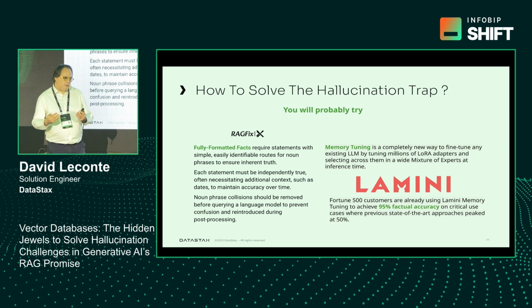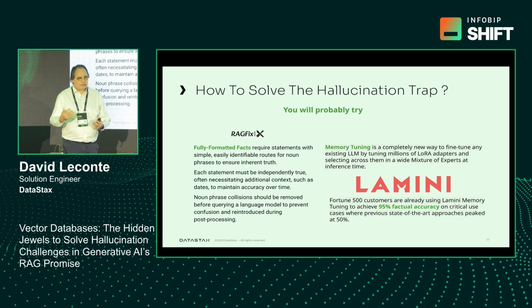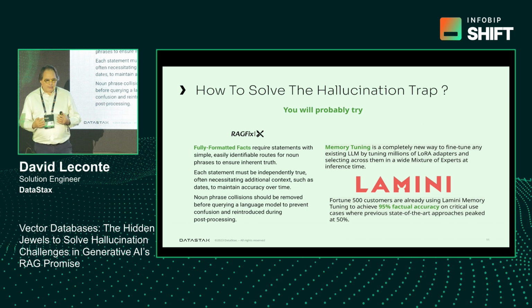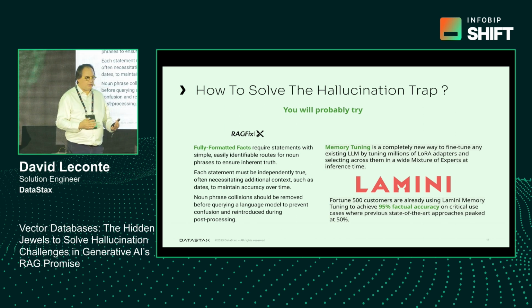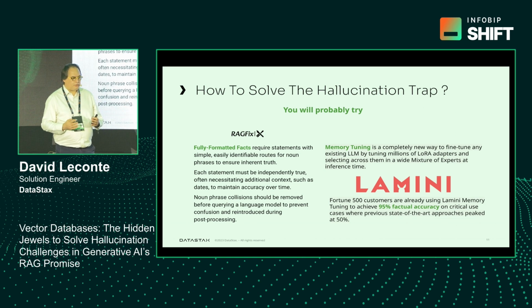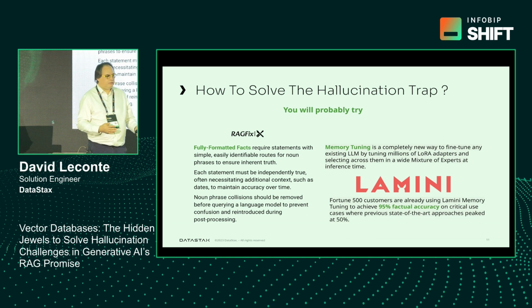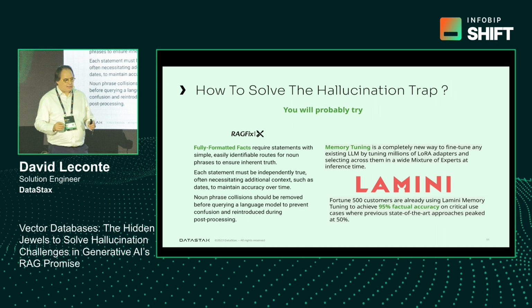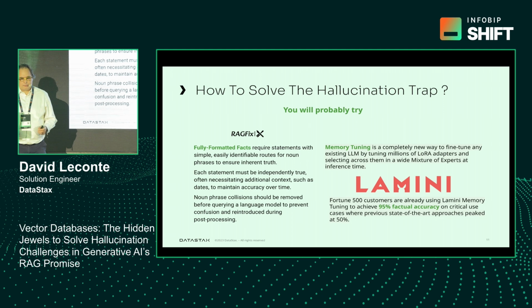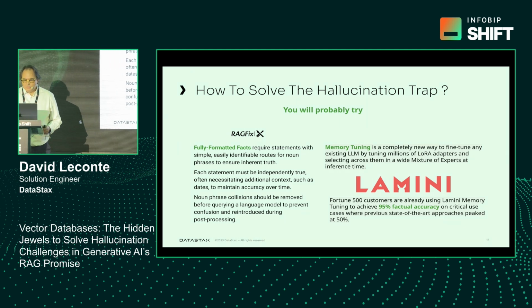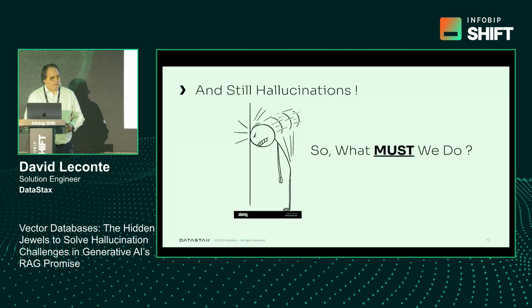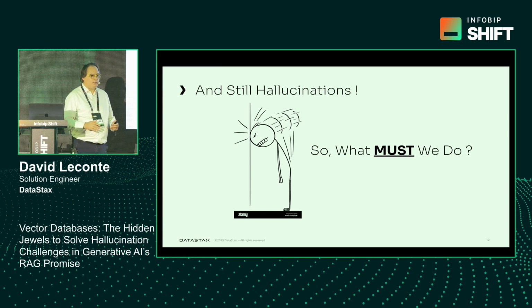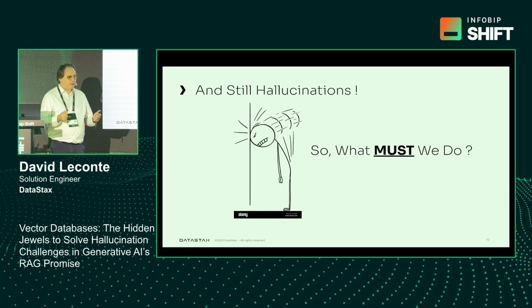And you can do smart things like memory tuning, and also trying to enhance everything regarding prompt engineering to try to make prompt engineering free of hallucination. That's still a challenge, but some tooling is arising on the market. But you would still have to face hallucinations.